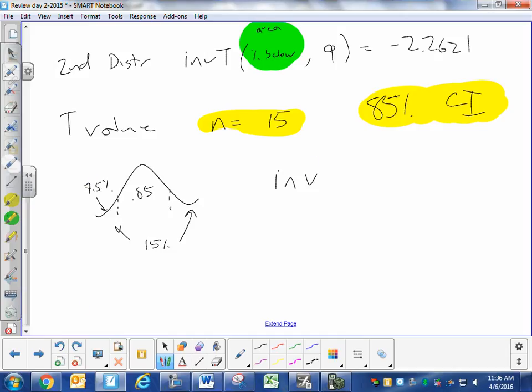In my area, when I plug in inverse t, I would type in 0.075. My degrees of freedom is no longer 9, it would be 14. It would just have my curve go higher than the last curve where the n was 10.